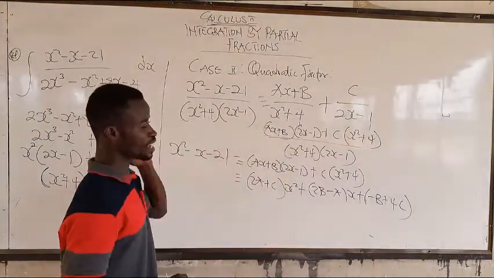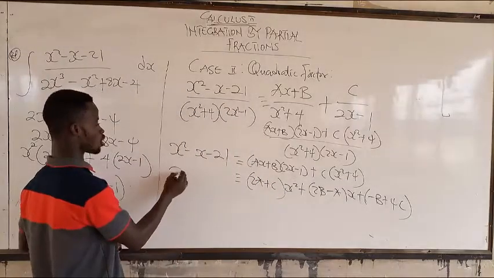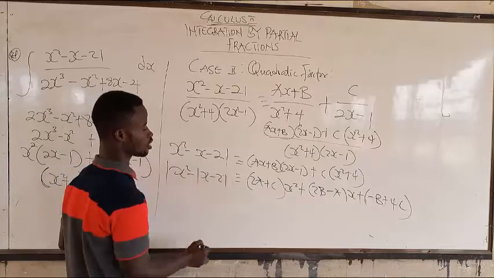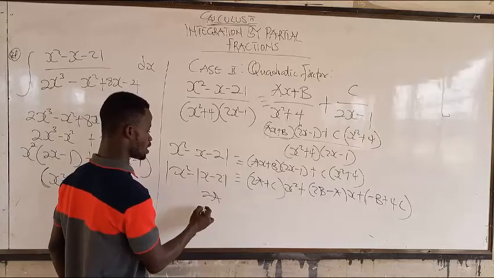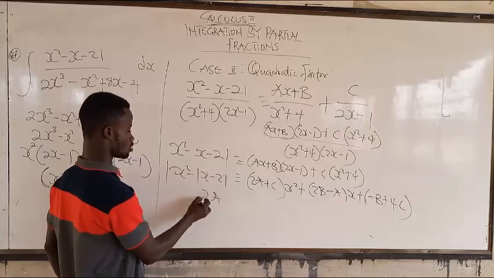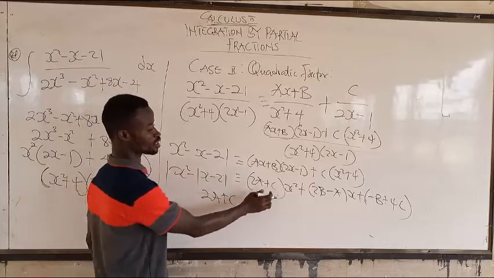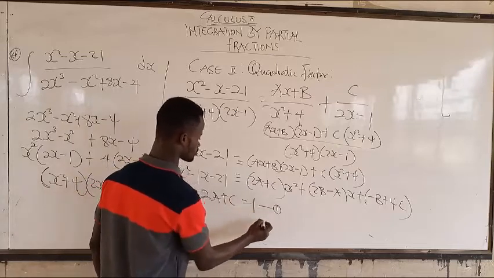So when you expand and simplify, you get the quadratic to be in this form. So you compare by this. This is 1 minus 1s minus 21. So for the s squared, you are going to get 2a plus c, that's the coefficient of the s squared, to be equal to the one here, which is 1, equation 1.